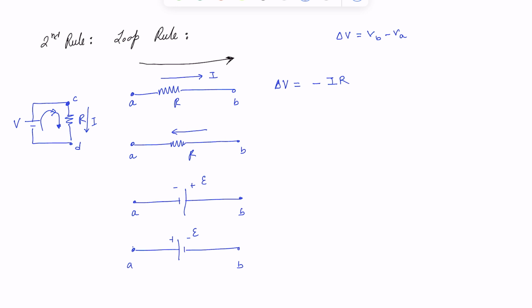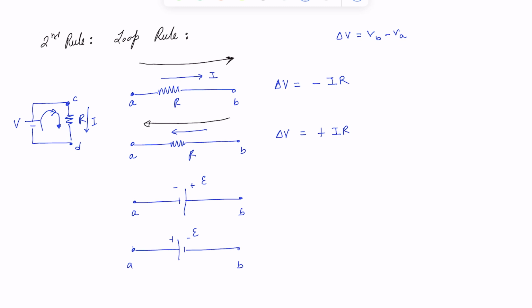Now let's say you're coming in from right to left, and you see that the current is in that direction. Then here, delta V, since it's VB minus VA, and the current is flowing from B to point A, that means A is at lower potential than B, so you just get plus IR instead of minus IR.